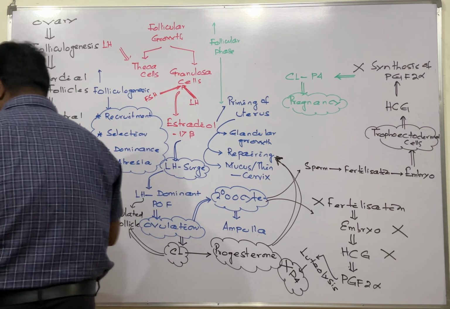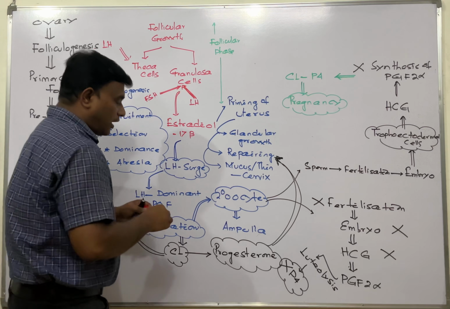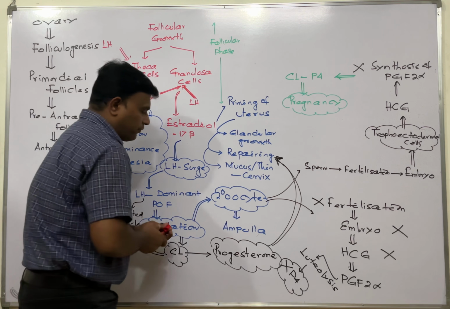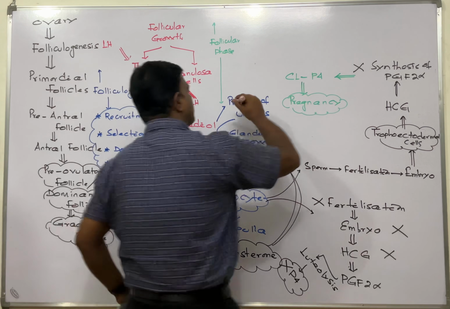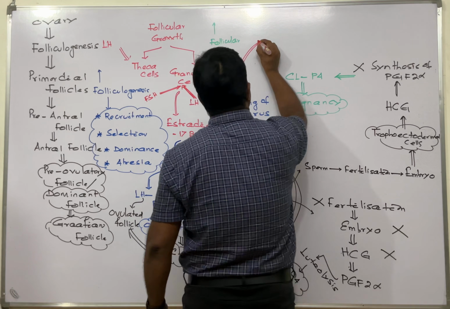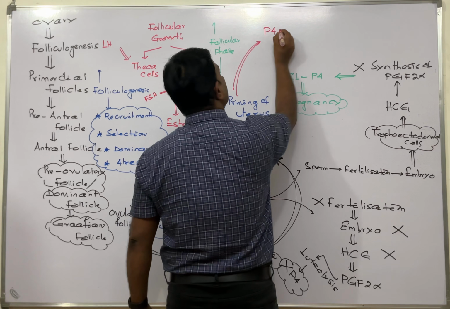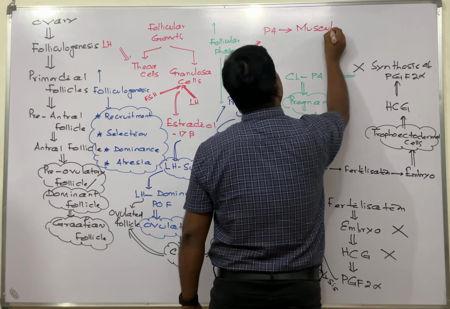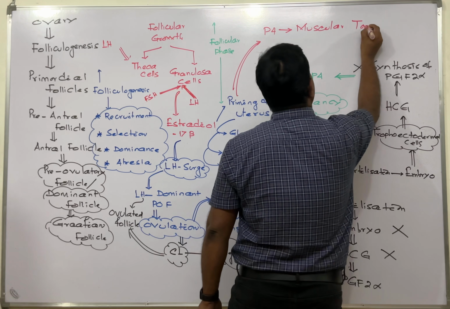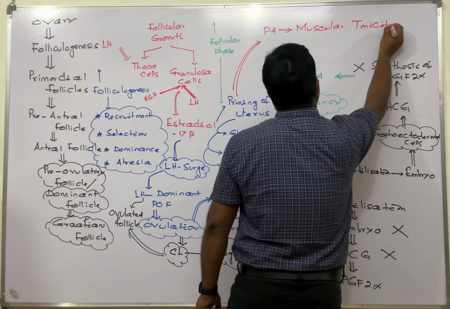The structures which were being rebuilt inside the uterine endometrium undergo degeneration. Let me explain with one more word. Here I have written that progesterone causes super priming of the uterus. What is that super priming? Progesterone regulates the muscular tonicity of the uterus.